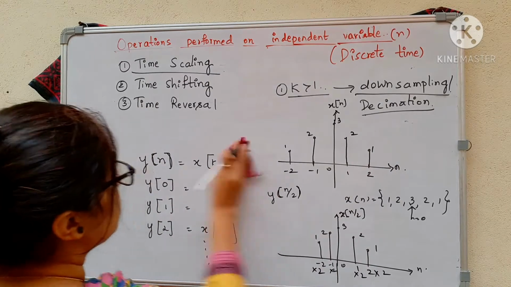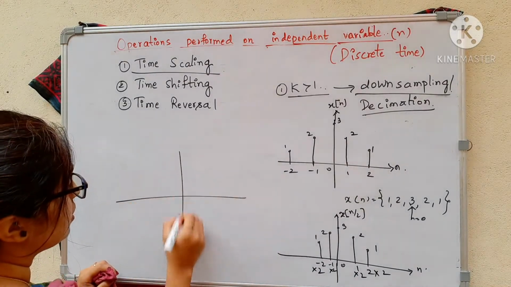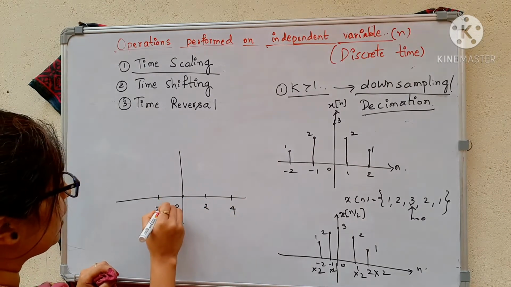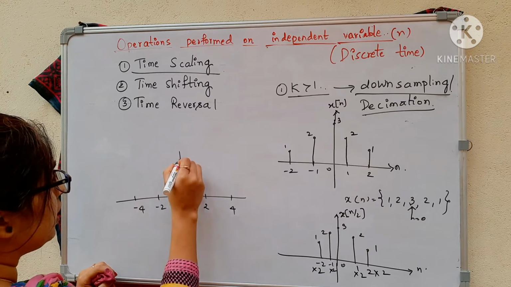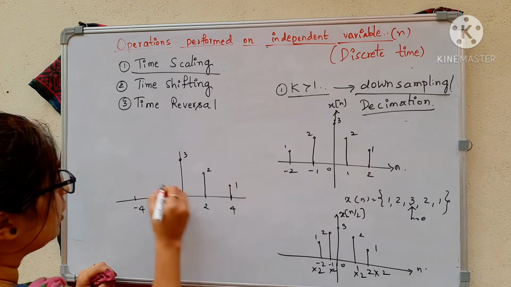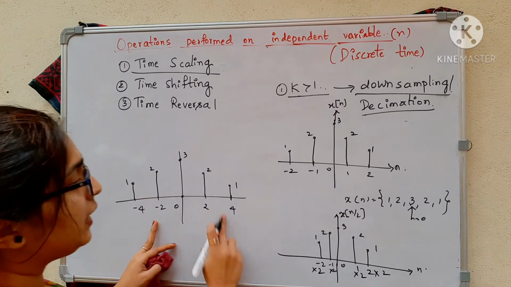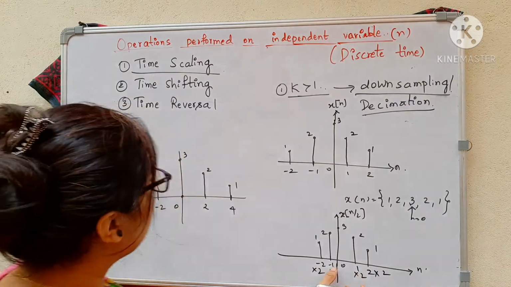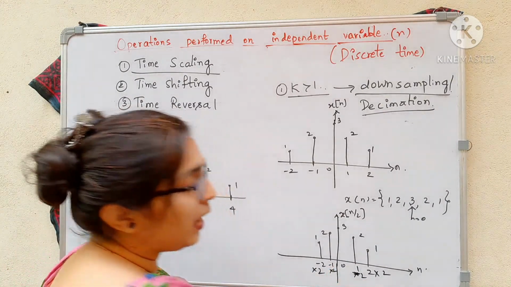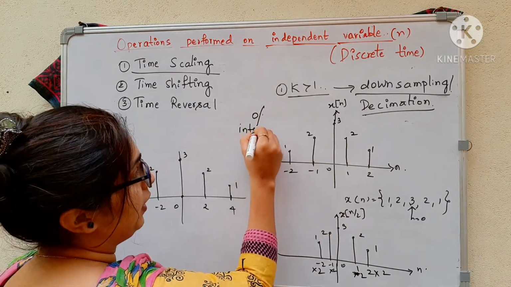So the resultant signal will be: this is 0, next you have 2, next you have 4, minus 2, minus 4, then 3, then you have 2, then you have 1, here again 2, then you have 1. So these are the intermediate samples. Here they can be either set to 0 or they can be interpolated.